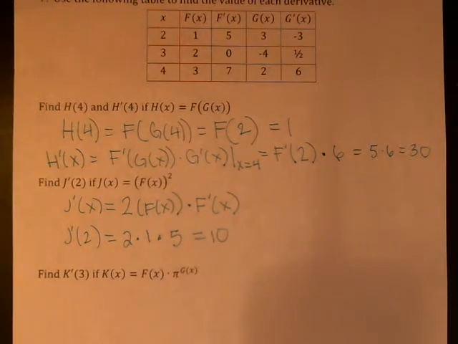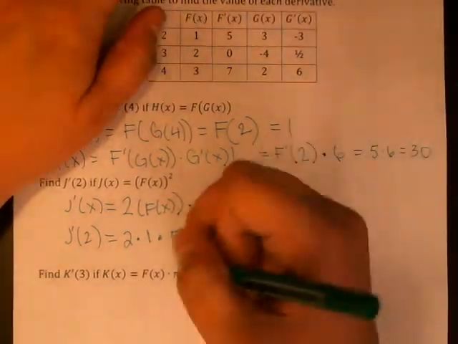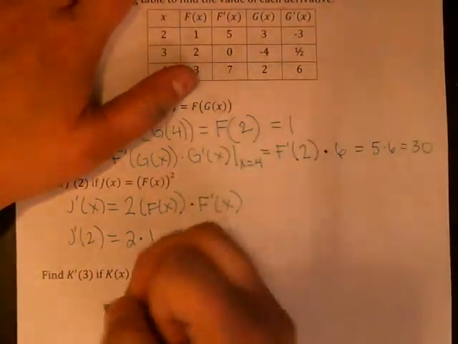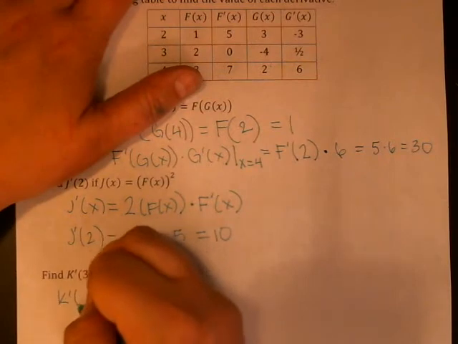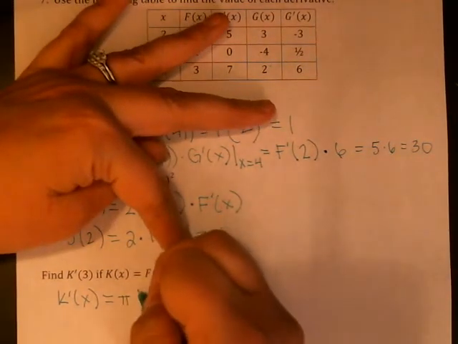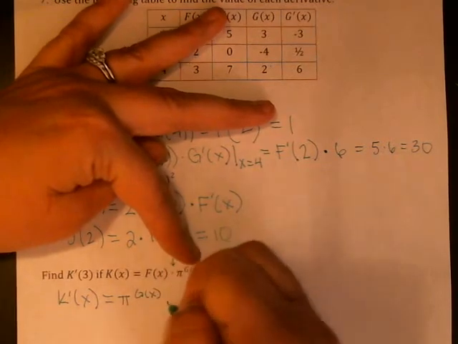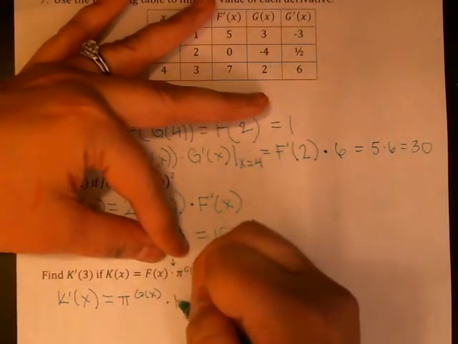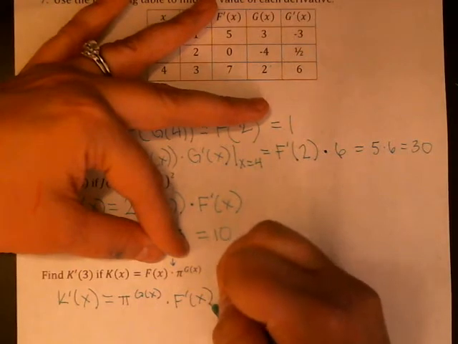Okay, and then k prime of 3, if k is equal to f of x times pi to the g of x. So big thing happening there is actually a multiplication. So when I go to find k prime of x, I'm going to have a product rule. So I'll take the second, pi to the g of x, and I'll multiply it by the derivative of the first, which is an f prime.